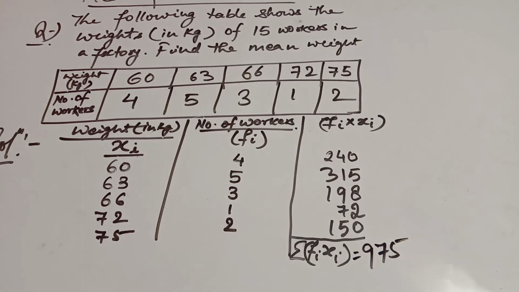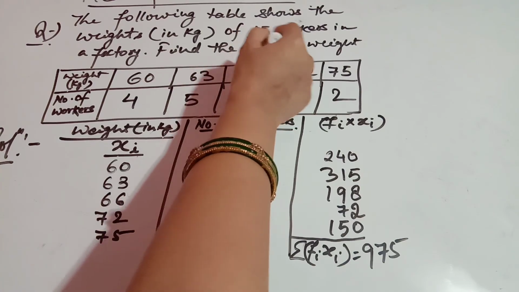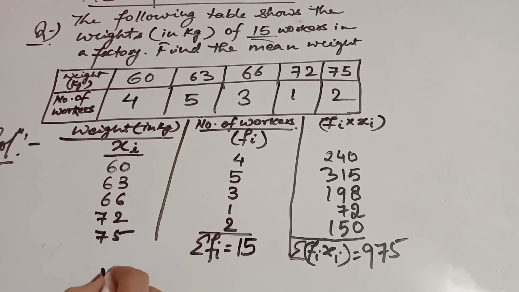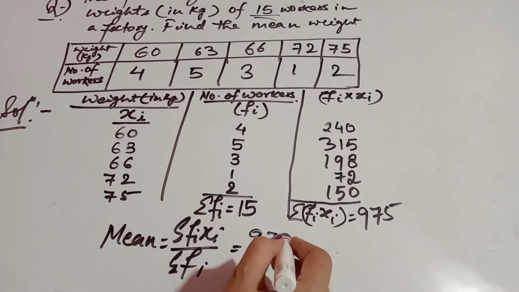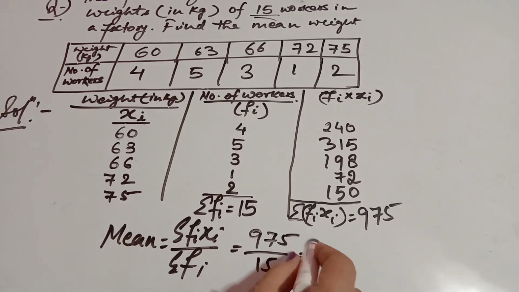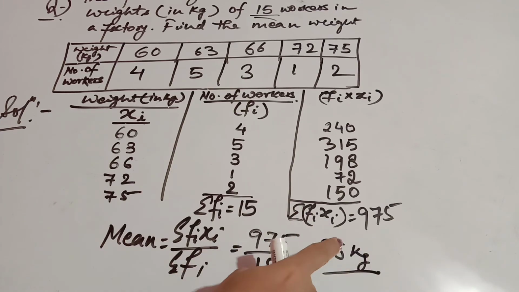And again you have to add the frequencies, sigma fi. It is already mentioned in the question, 15 workers, so 15. Then use the formula: mean is equal to 975 divided by 15, which is 65 kg. This is your answer, the mean.